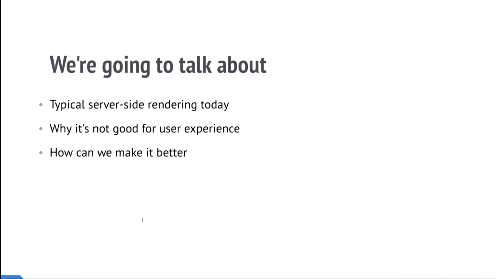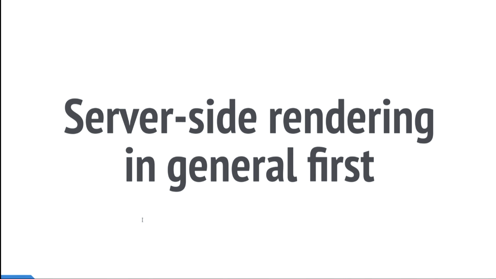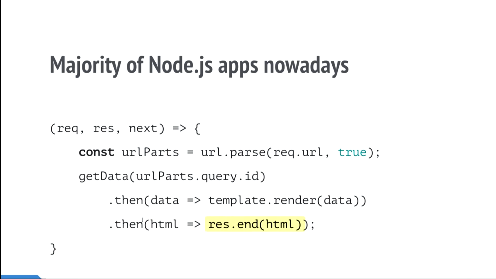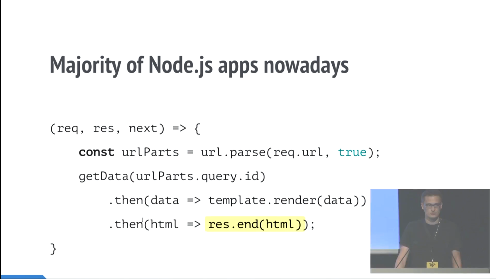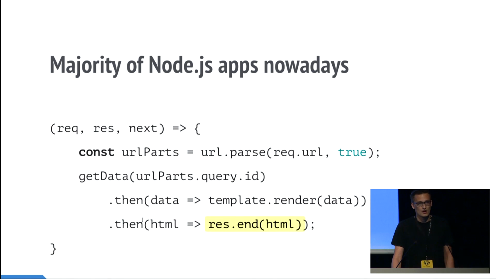Let's start with server-side rendering in general, like how people typically implement it nowadays. Usually we use Express or Connect or something like that, and just implement middleware. It's basically a function that takes an HTTP request, an HTTP response, and something like a next callback, if we don't want to serve a page and just want to pass the control to another middleware.